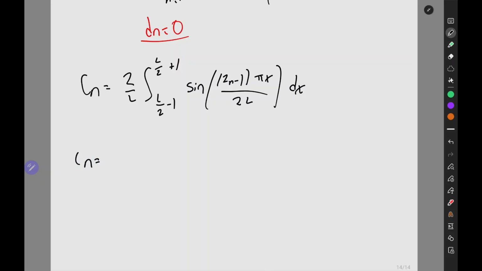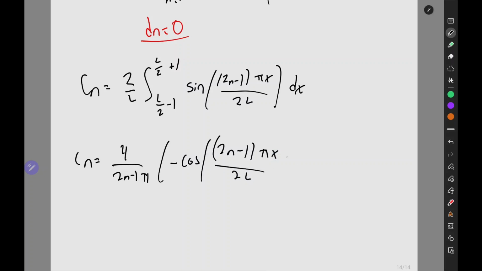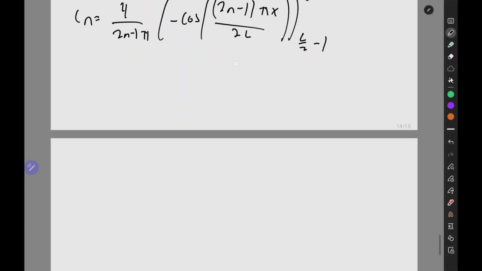That becomes 2L times 2, 4L over L cancels. 2n minus 1 times pi times negative cosine. The inside stays the same. Let's write that out.